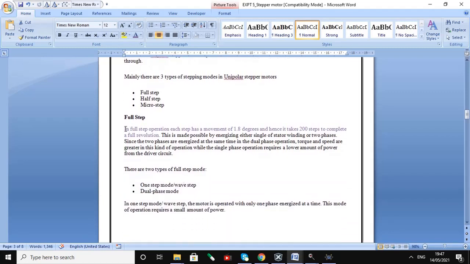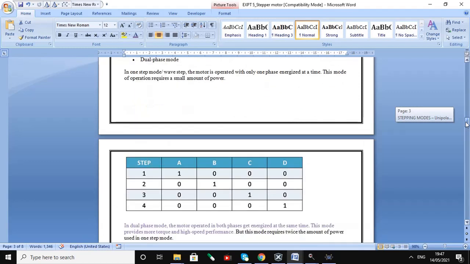In full step operation, each step has a movement of 1.8 degrees, and hence it takes 200 steps to complete a full revolution. This is done in one step operation. Now there are two types of full step: one-phase mode or wave step, and dual phase mode.